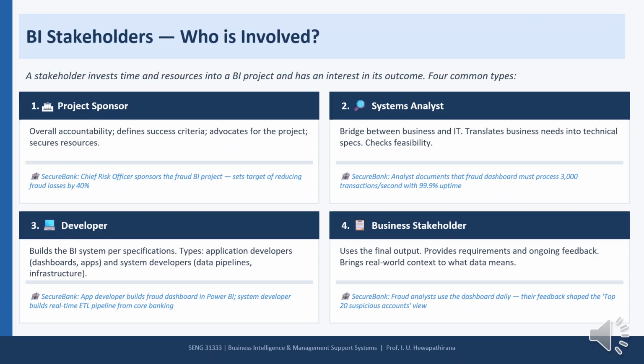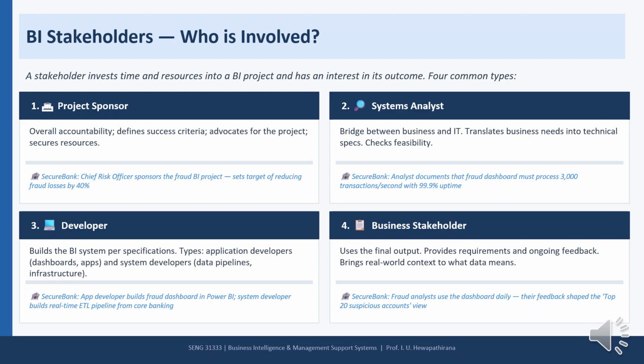They also check whether requirements are realistic given the available data, time, and technology. At Secure Bank, the systems analyst documented that the fraud dashboard must process 3,000 transactions per second with 99.9% uptime, a requirement that directly shaped the engineering architecture.